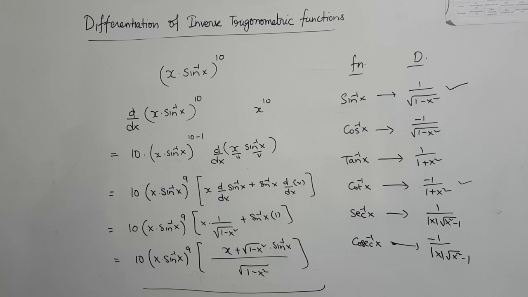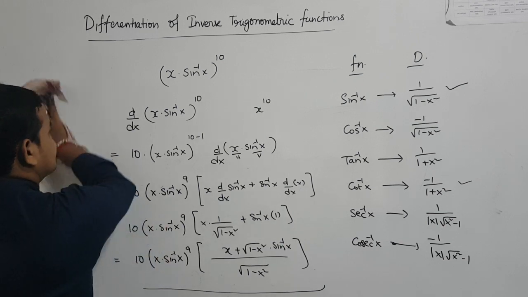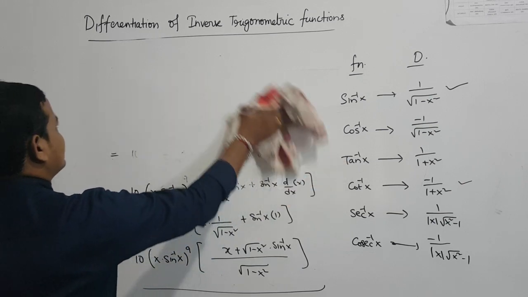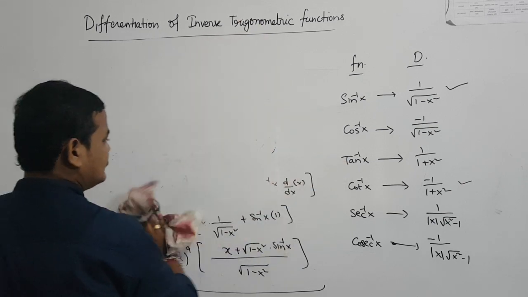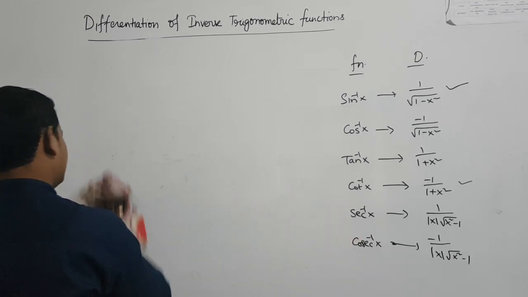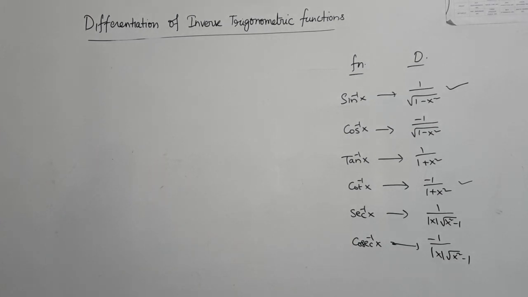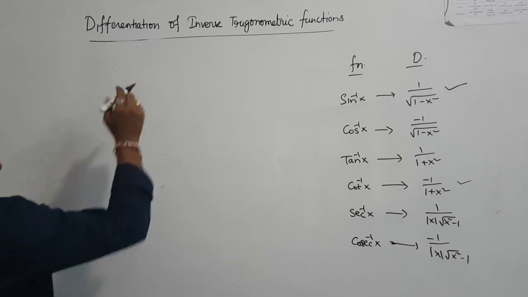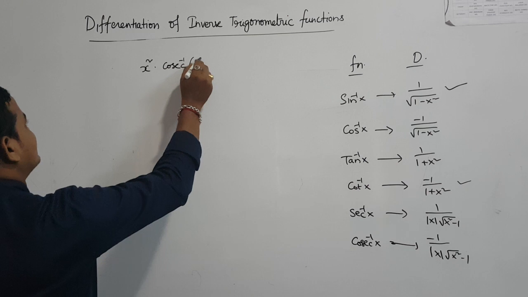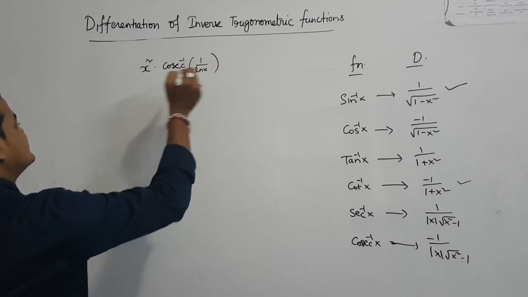Okay, now I am going to derive the last question: x square into cosec⁻¹(1 by ln x).